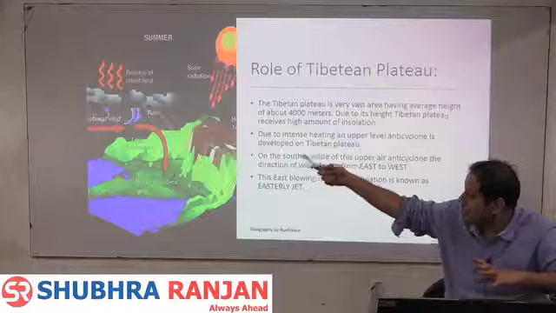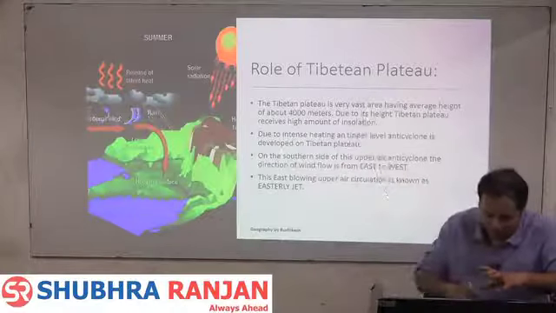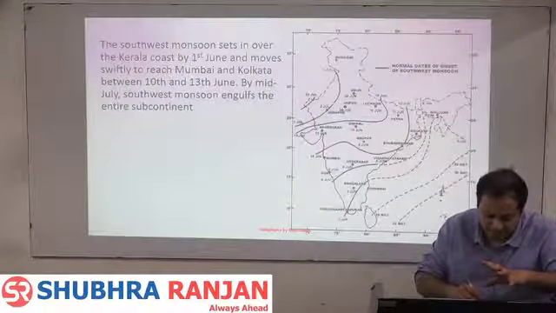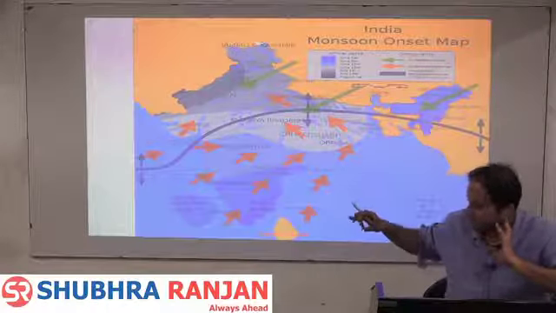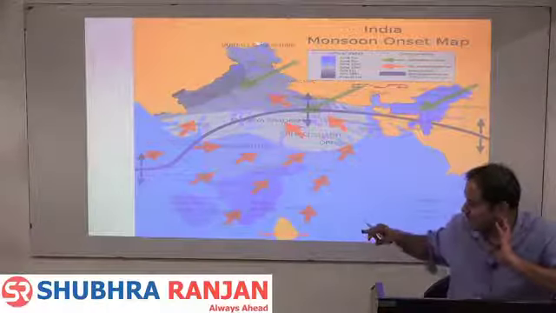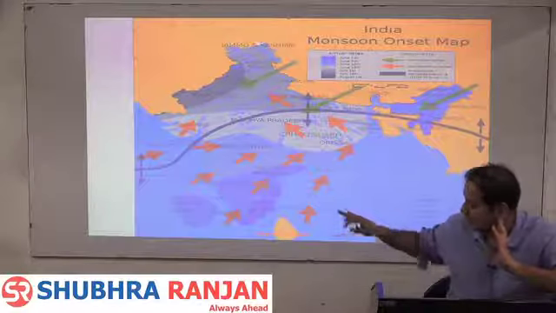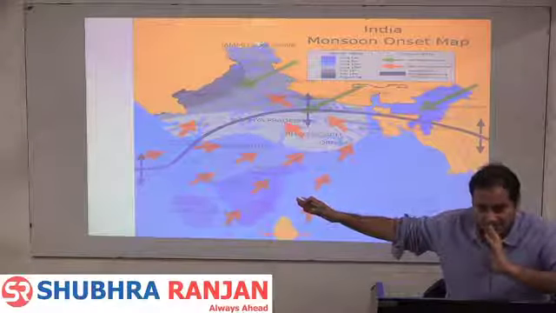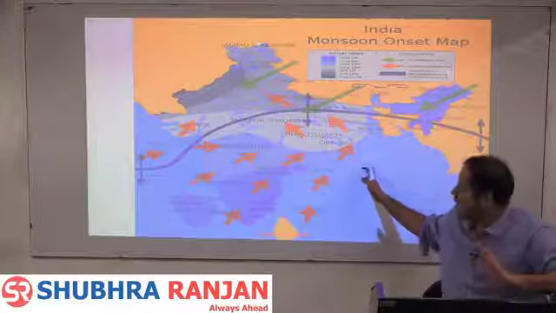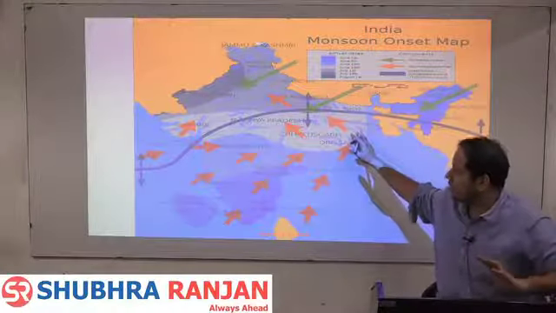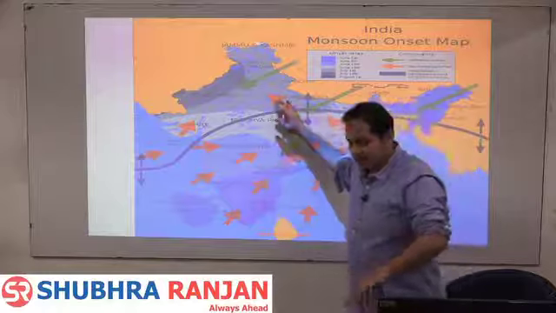Tibetan plateau का heating, and then we have the easterly jet stream. So when the monsoon comes to India, you can see this blue line is the ITCZ. It is coming in the form of two parts. उस side वाली line is the Arabian Sea branch, this side वाली line is the Bay of Bengal branch. Getting it? And you can see the Bay of Bengal branch is then entering the Indian subcontinent. Why?